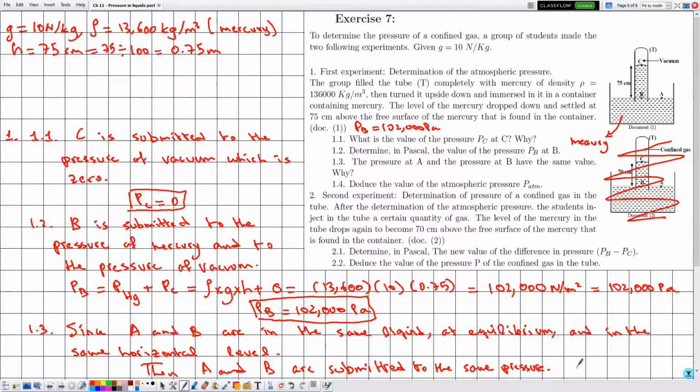Then in this case we have that the pressure at the point A is equal to the pressure at the point B.